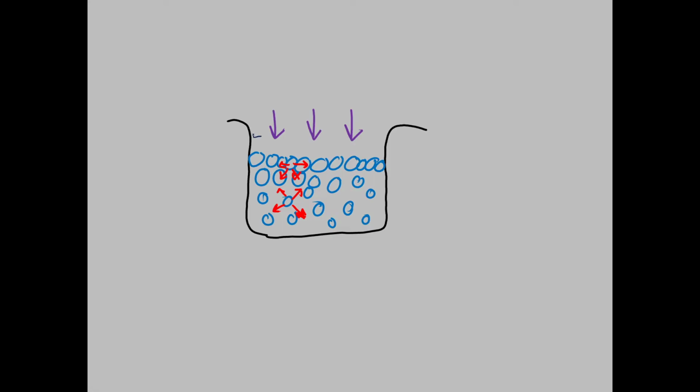On top of the layer we have those molecules that escape, for example when someone gives energy, or heats it. These are molecules that have enough kinetic energy to overcome the intermolecular forces to become vapor pressure.